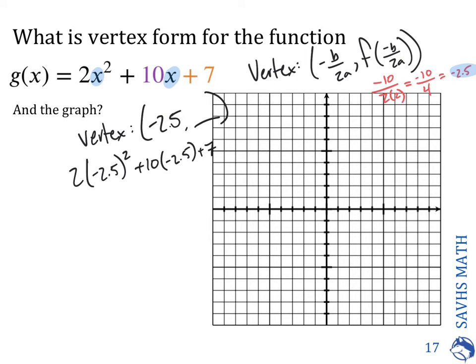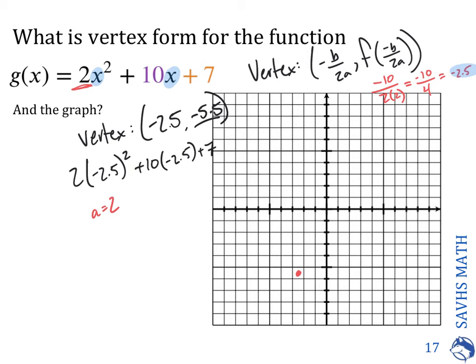And I got negative 5.5. Now I know that this is not awesome for us to be using these decimals, but hey, I want to make sure that you're able to be flexible about using these decimals. So negative 2.5, negative 5.5 is the point right here. Nope, just kidding, it's not. It's this point right here.